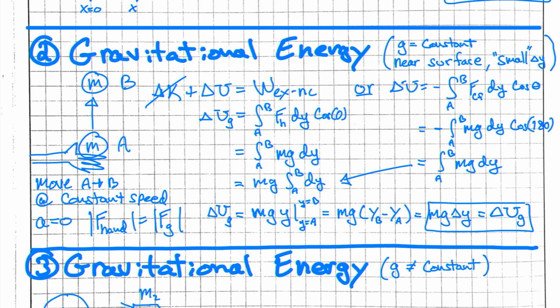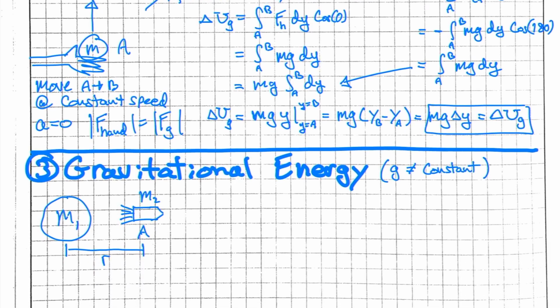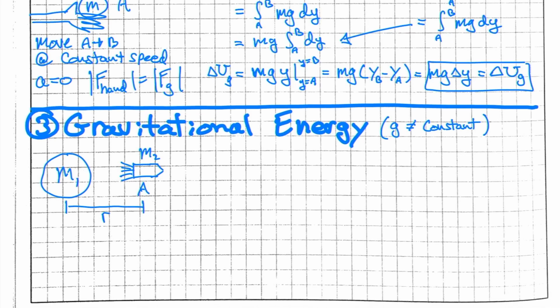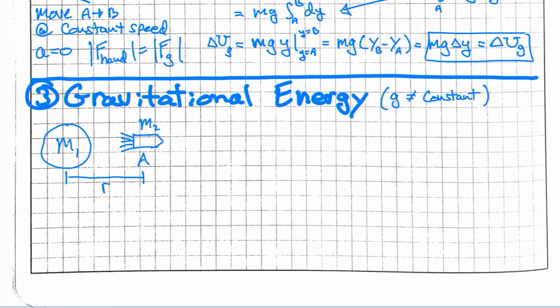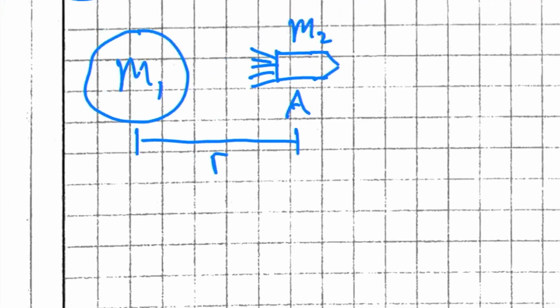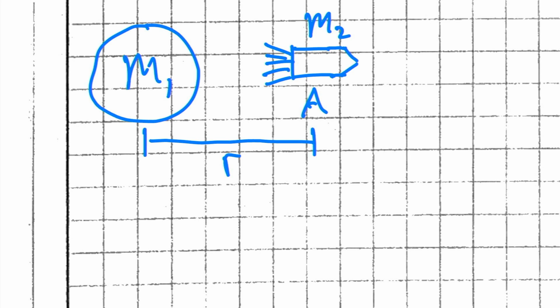And our last little derivation is going to cover more of a universal gravitation, where we're dealing with very large distances where g is not constant. The distances that you move over are so large that the value of g changes in some kind of significant way. So the basic setup for this is that we've got a rocket ship here.